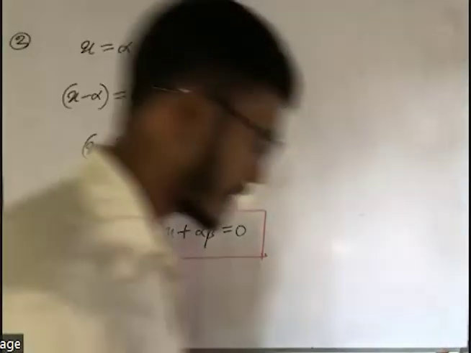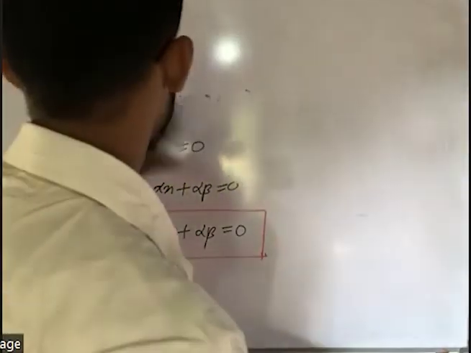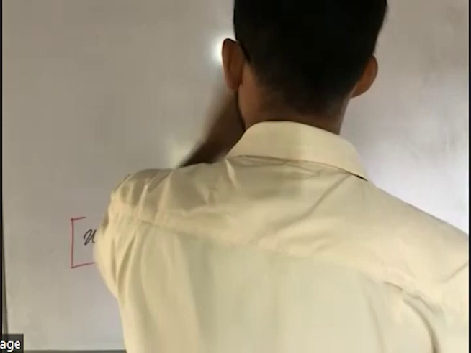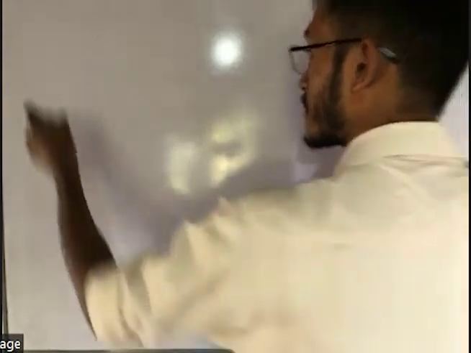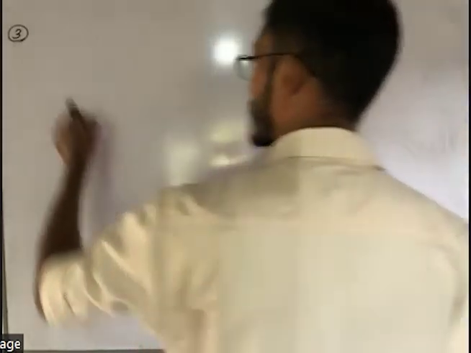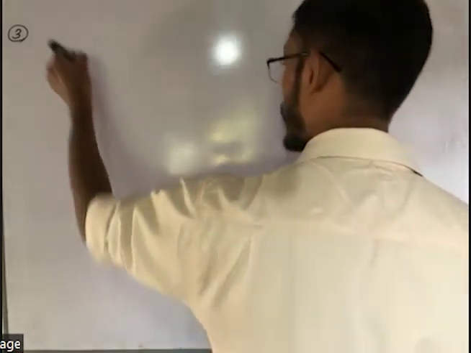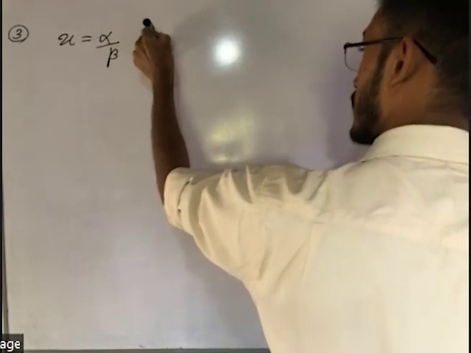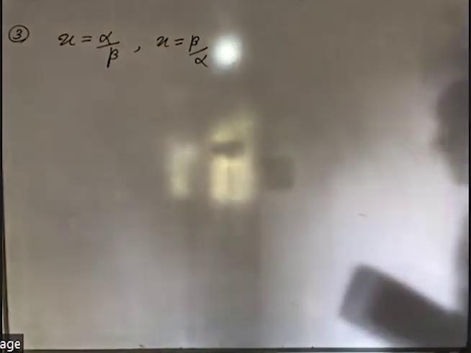Then write down the next example. Find the quadratic equation with roots. Number 3. Find the quadratic equation with roots alpha over beta, comma beta over alpha. So these are the two roots.